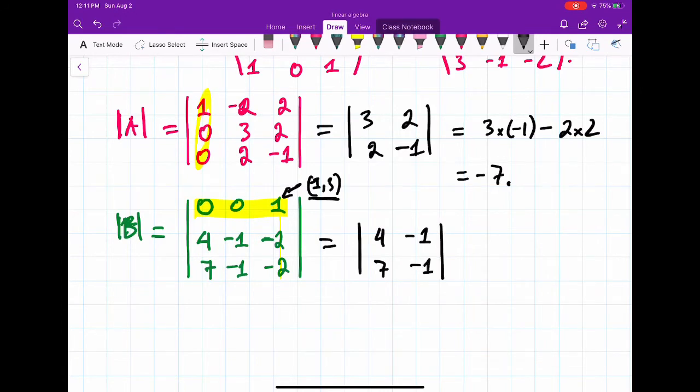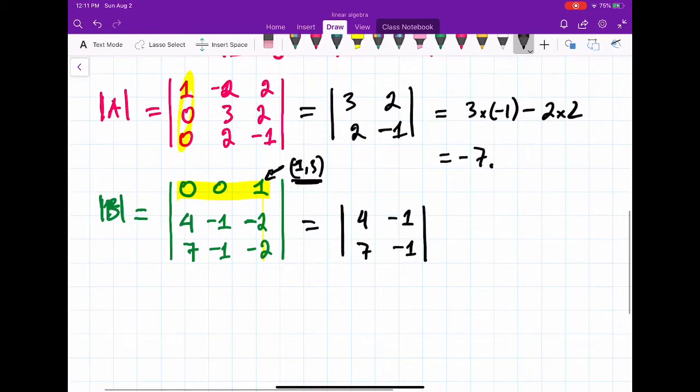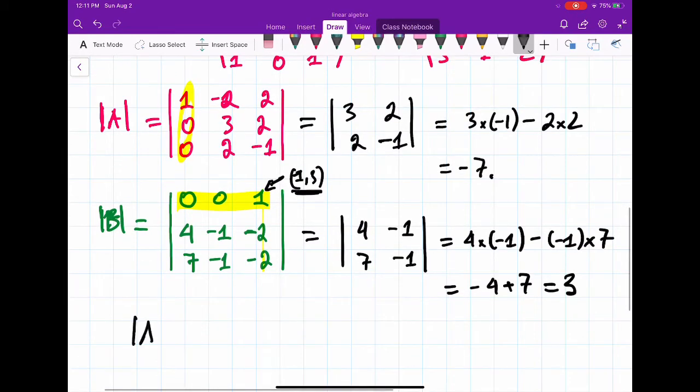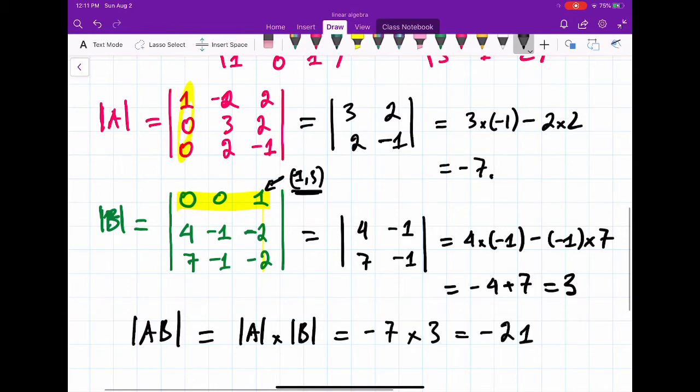I mention this because if these two indexes are not of the same parity, you need to add a negative on the top by the definition of the determinant. This is equal to 4 times -1 minus -1 times 7. You get -4 plus 7, which is 3. And then the determinant of the product is the product of the two determinants: -7 times 3, which is -21.